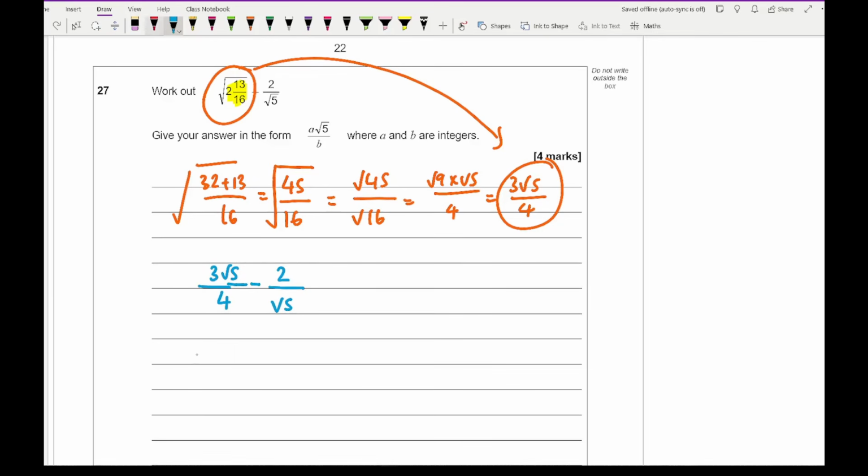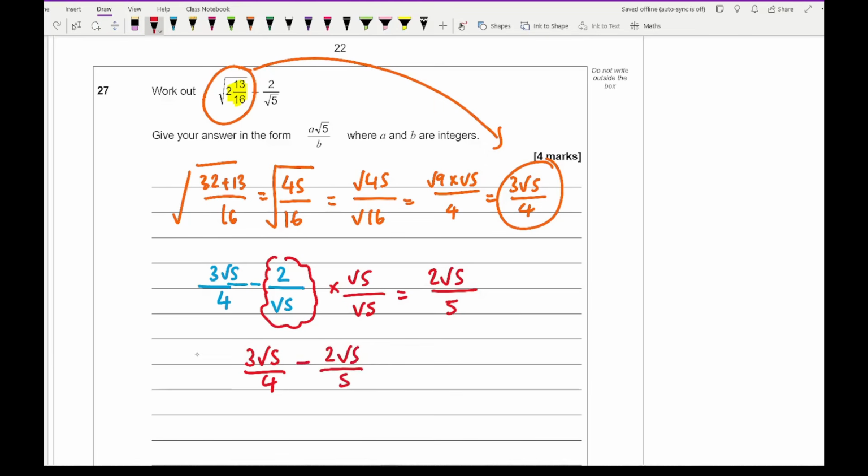Then what I want to try and do here is maybe rationalize this denominator. So I multiply that by root 5 over root 5. So that then becomes 2 root 5 over 5, leaving me with 3 root 5 over 4 minus 2 root 5 over 5.